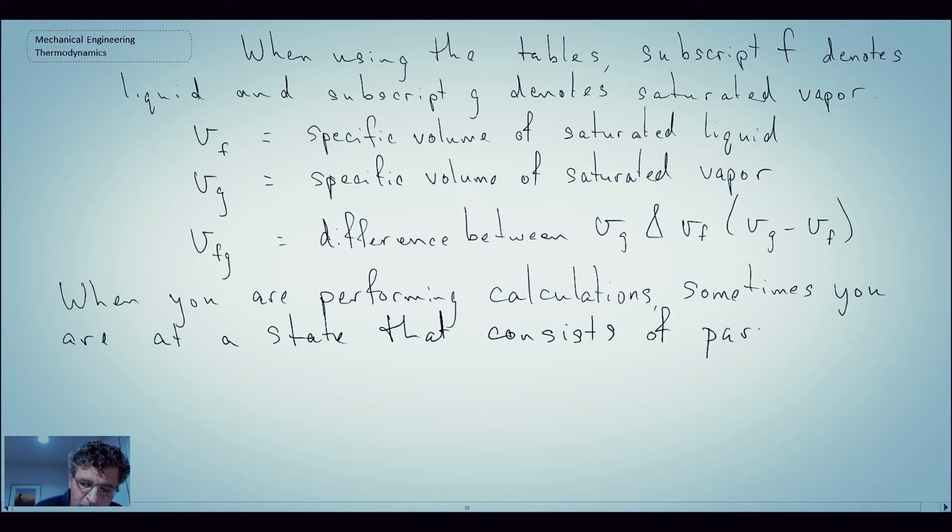When we're in the two-phase region, we have partial liquid, but we also have partial vapor. And when we're there, we use a quantity called the quality.